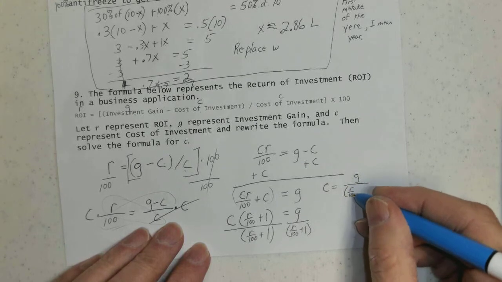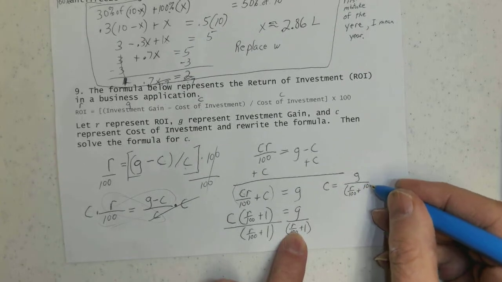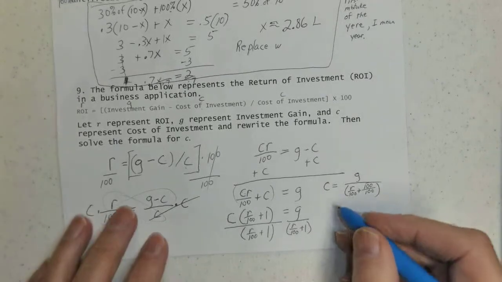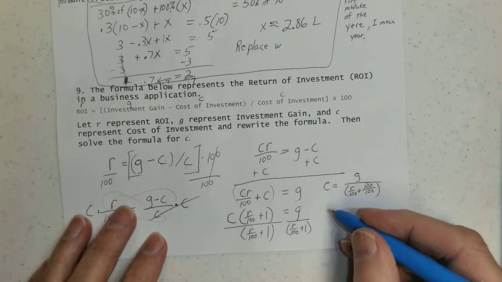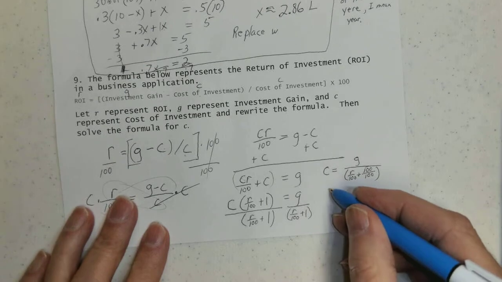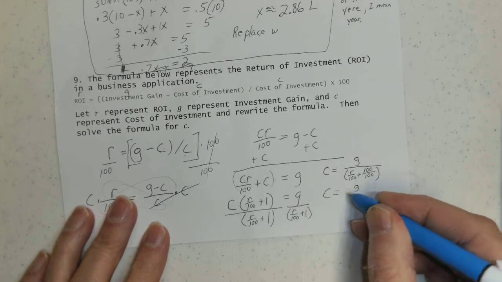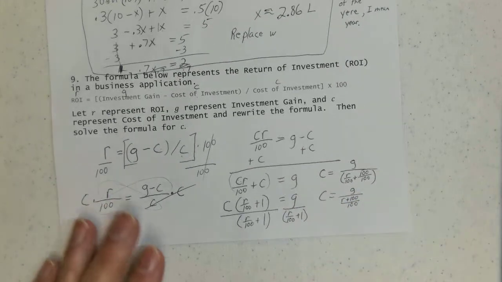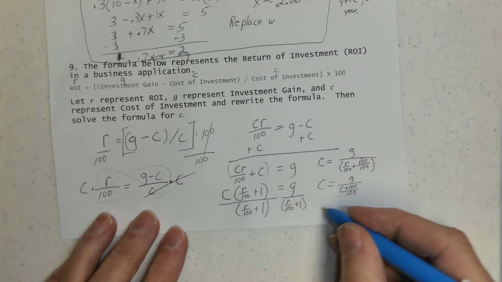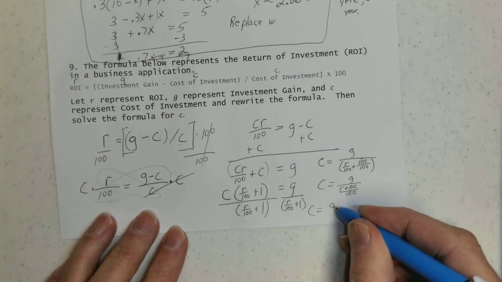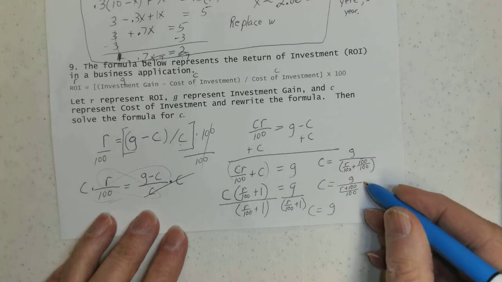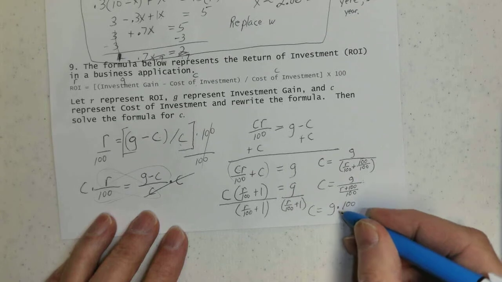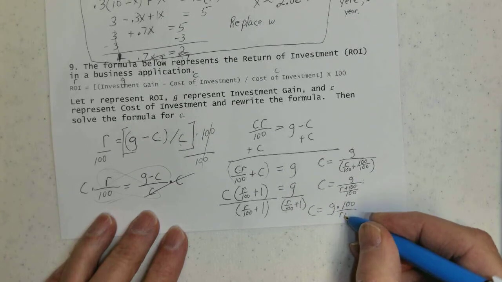R over 100. I'm going to write 1 as 100 over 100. I got this complex fraction that I'm going to try to make not complex anymore. So I've got G over R plus 100 over 100. And then I'm dividing by this, right? So I'm going to write times 100 over R plus 100.